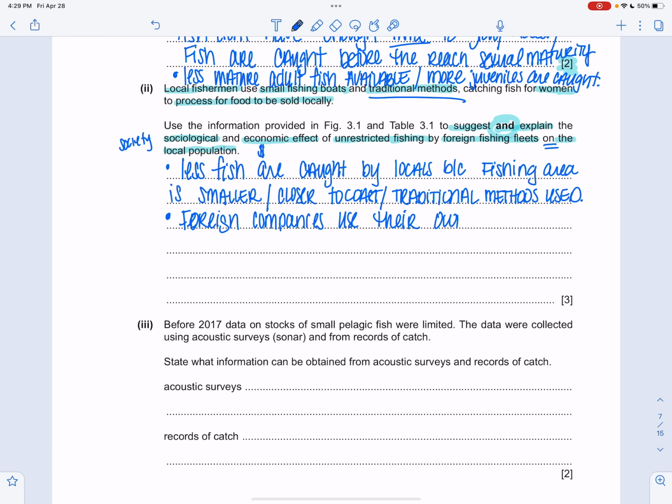So they're not having to buy anything or borrow anything or really interact at all with the locals. They have their own fishing fleets and their own factories. They don't need to purchase fish from the locals.